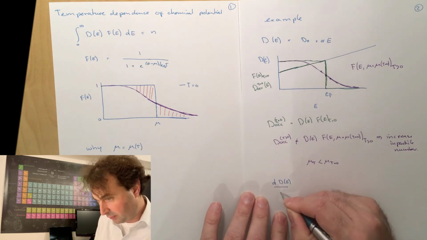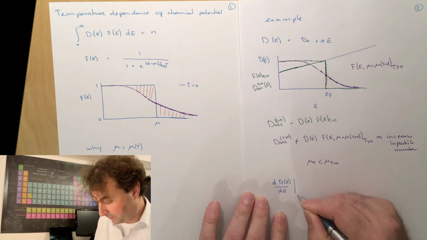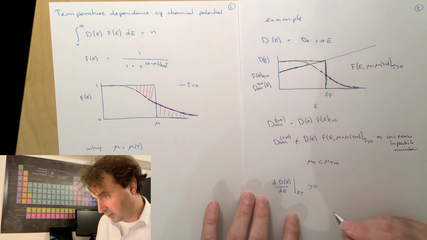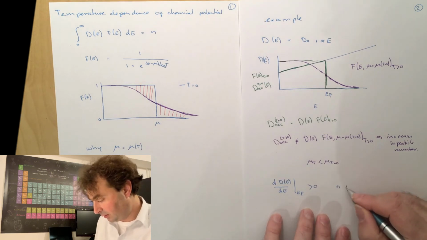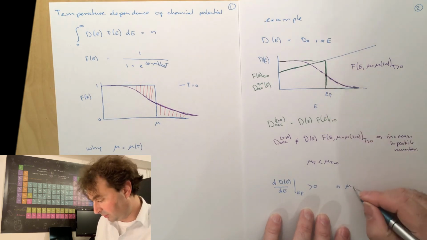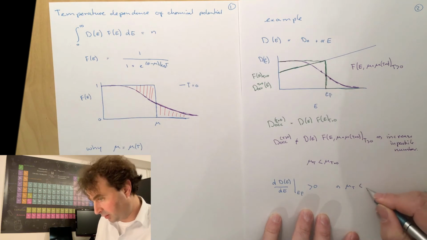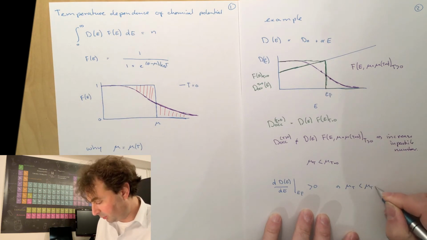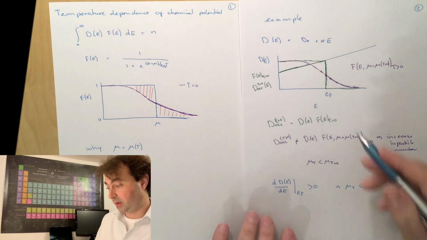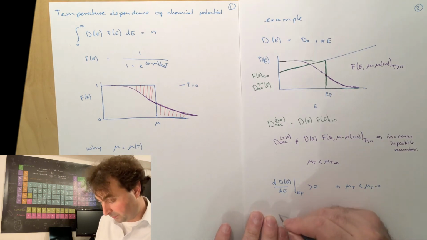We can make a reasonable general statement. If the derivative of the density of states at the Fermi energy is larger than 0, then our chemical potential at finite temperature is smaller than the chemical potential at 0 temperature, which is the case that we have here.